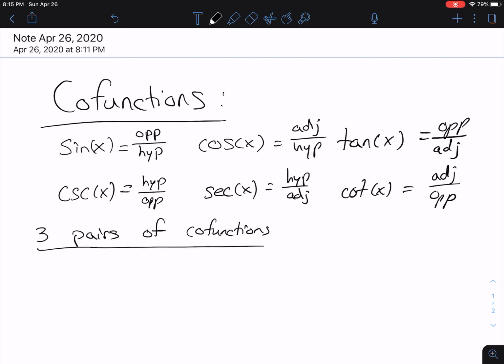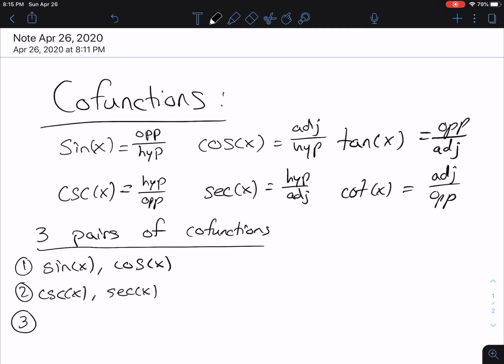The first pair is sine of x and cosine of x. The next pair is cosecant of x and secant of x. And our third pair is tangent of x and cotangent of x.